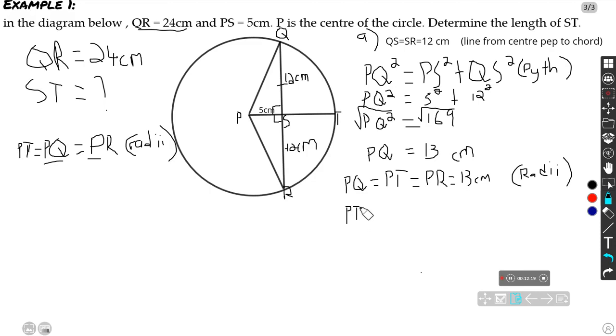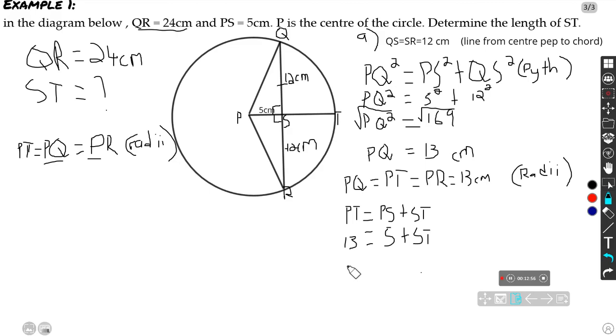Now, because we're looking for ST, can you see that PT is equal to PS plus ST? Then substitute. PT is equal to 13, PS is equal to 5, and ST is the one we are looking for.